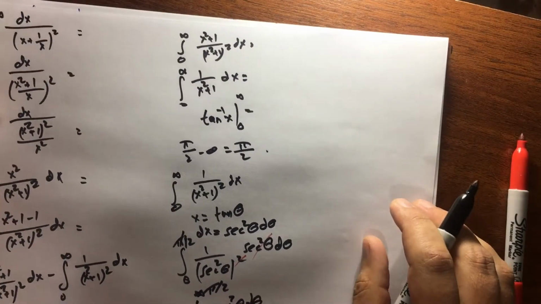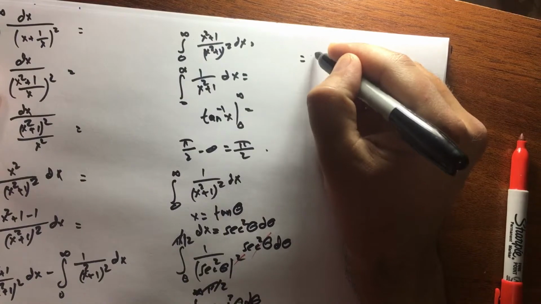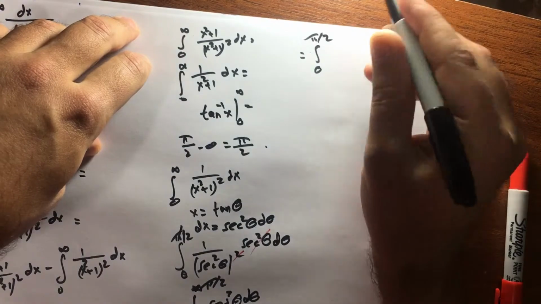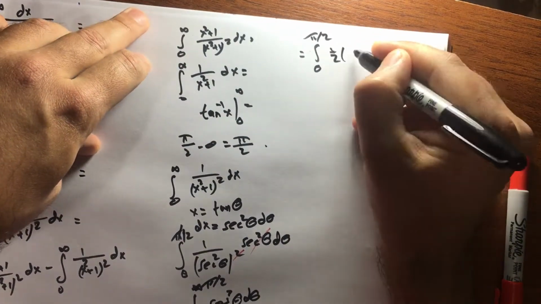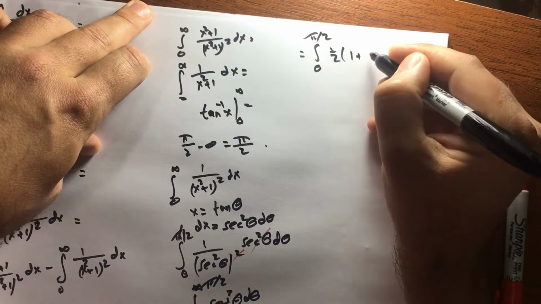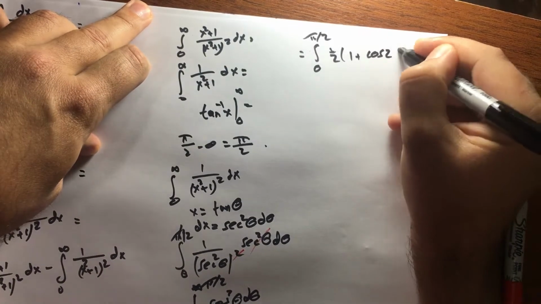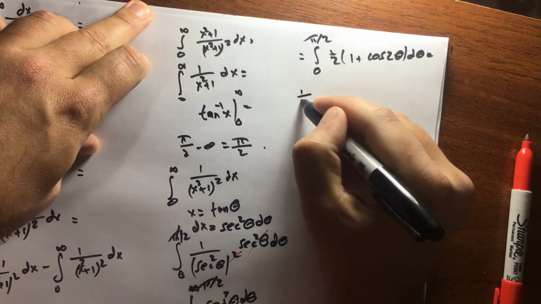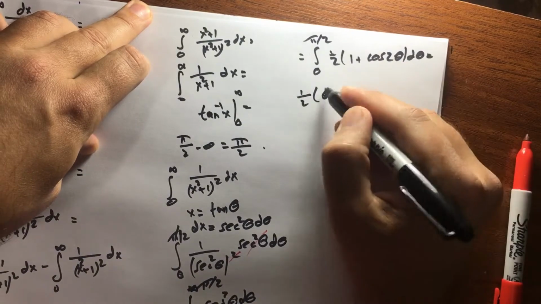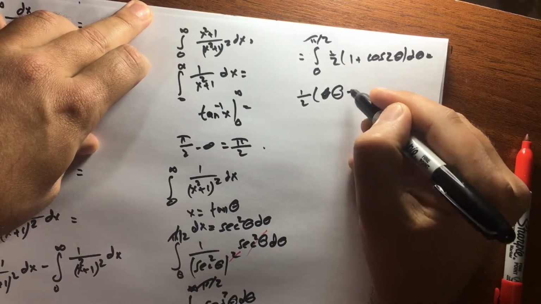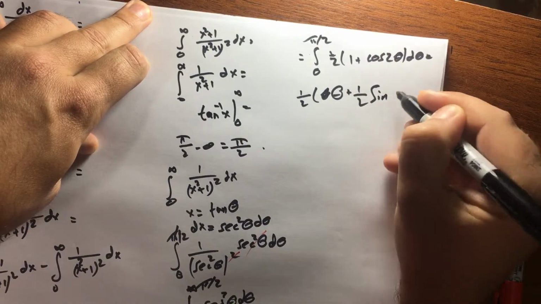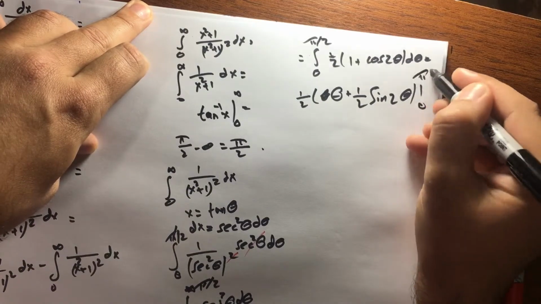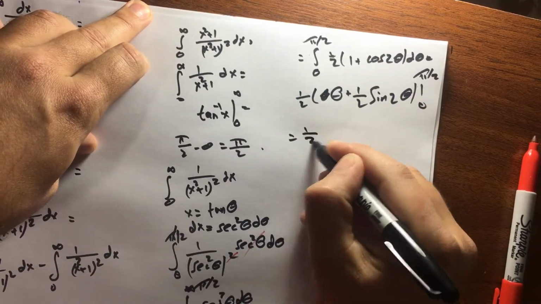Now using one of the trigonometric identities, this equals the integral from 0 to pi over 2 of one half times (1 plus cosine 2 theta) d theta, and this equals 1 half of theta plus 1 half sine 2 theta, from 0 to pi over 2.